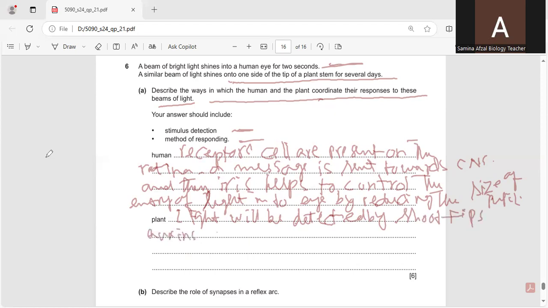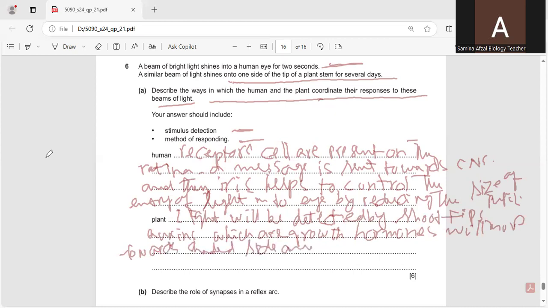Auxins, which are growth hormones, move towards the shaded side and increase the length of that side.